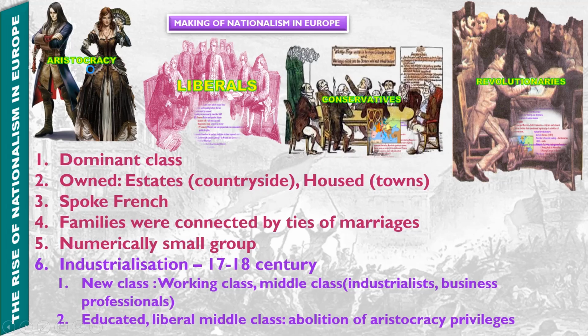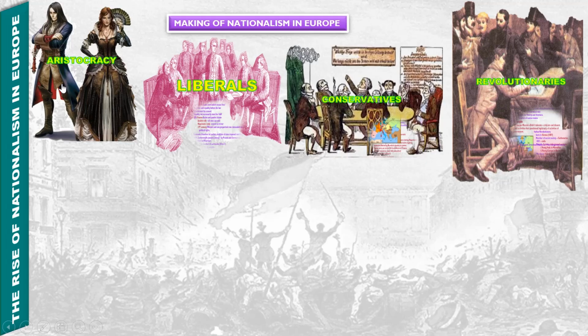In Central and Eastern Europe, these groups were smaller in number till late 19th century. It was among the educated, liberal middle classes that ideas of national unity following the abolition of aristocratic privileges gained popularity. What did liberal nationalism stand for?